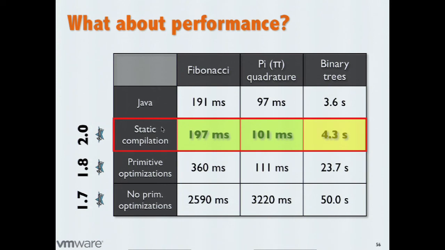And then in Groovy 2.0, with static compilation, since we generate pretty much the same bytecode as Java, if you just look at the numbers without any kind of optimizations, if you did a Fibonacci implementation, you could be something like 12 or 13 times slower than Java. So this is a worst case scenario, okay?